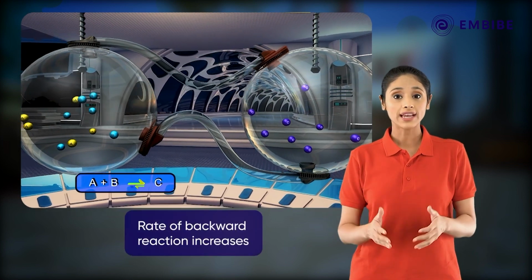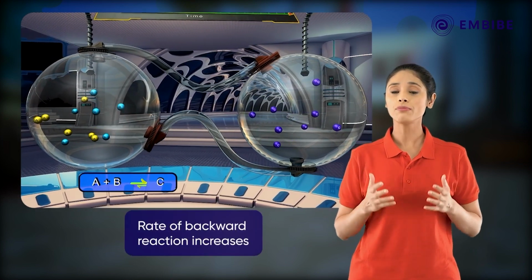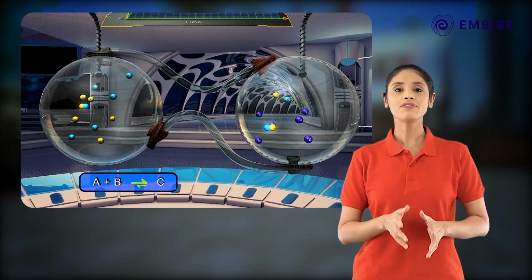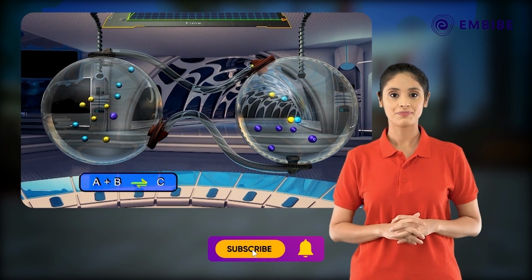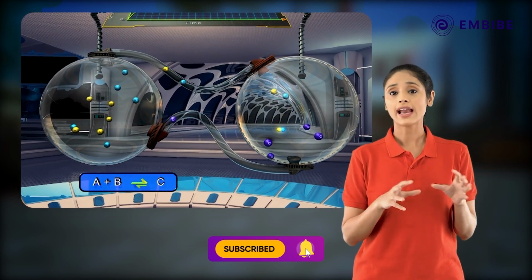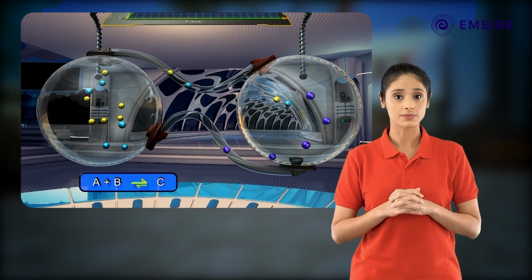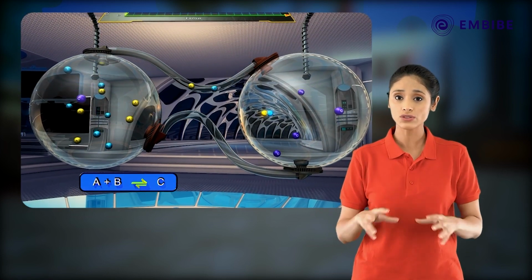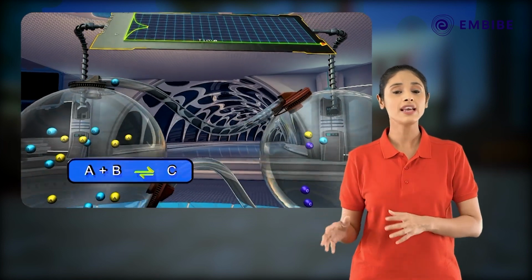However, the rate picks up as more and more C molecules are produced. Observe the system closely. The rate at which A and B combine to form C falls, while the rate at which C dissociates into A and B catches up.